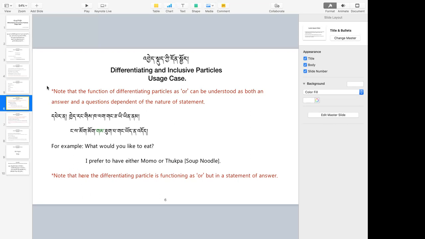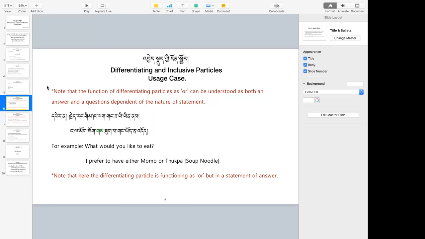In this particular statement, the question was asked. So therefore, the second statement, where the option is there as a conjunction of or, should be understood as simply and entirely an answer statement.